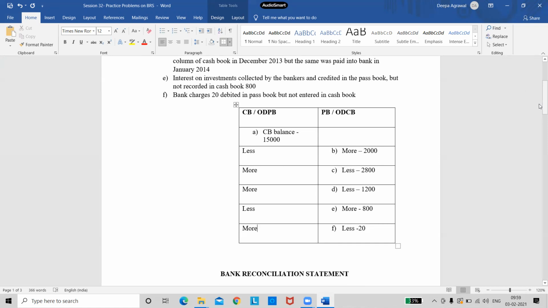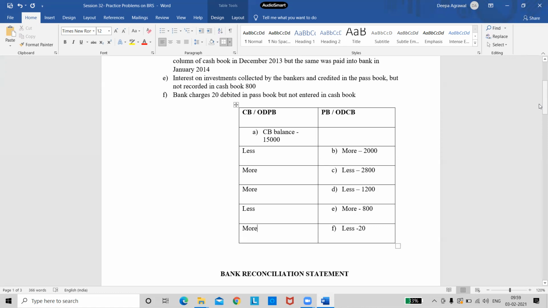Yes, tell me, Roy. Ma'am, in the question they have given the cash amount and said the passbook, so we need to enter... Ma'am, I didn't get you, Roy. Ma'am, they have directly said cash book is 800 and we need to enter it in the passbook. See, it says the amount is entered in the passbook, not entered in the cash book.